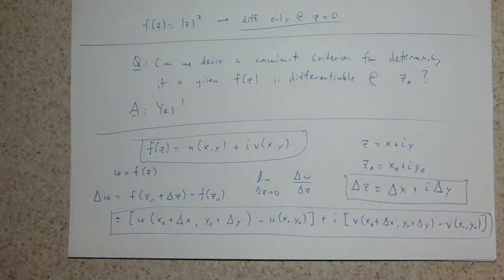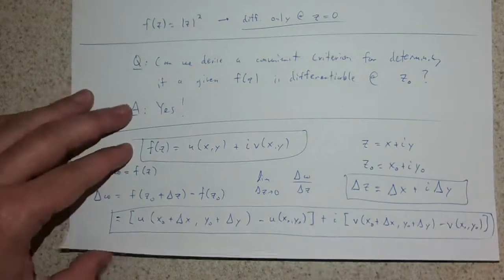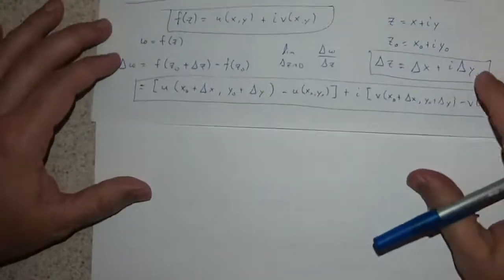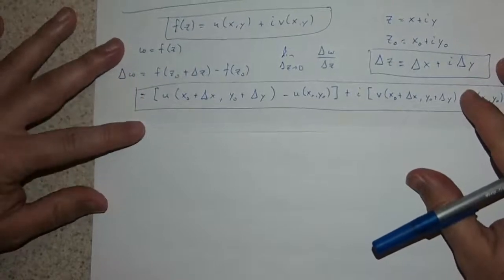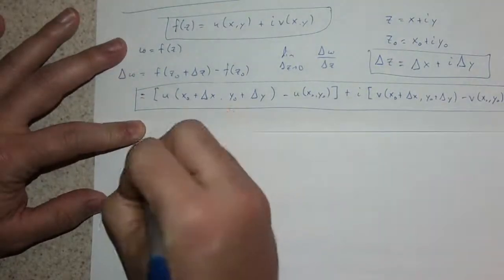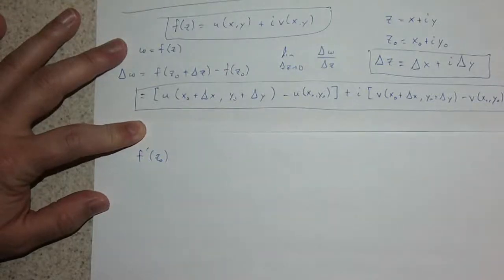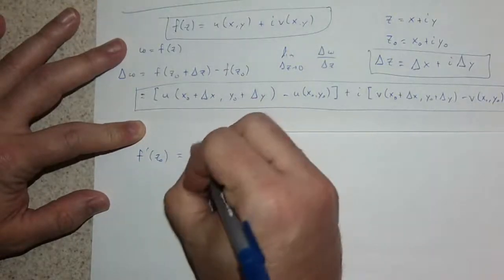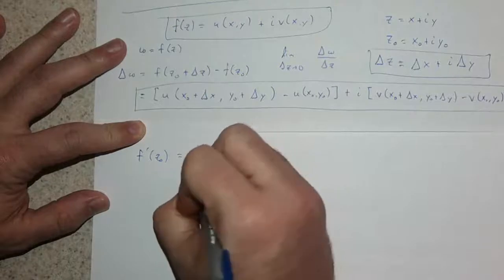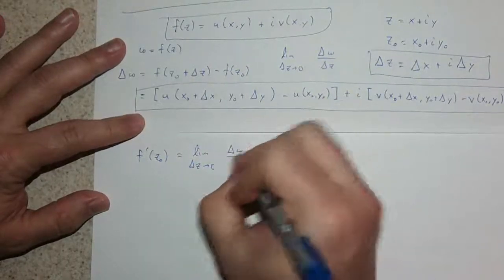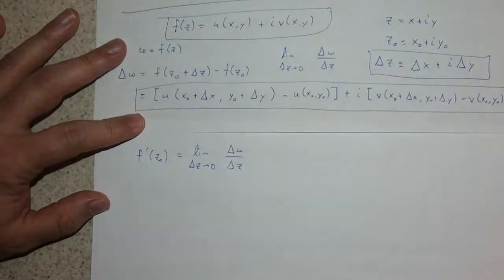It was a convenient abbreviation. So let's keep this in mind, and maybe I'll do this so that it's on the page at the same time. My derivative of f at z naught is the limit as delta z goes to 0 of delta w over delta z.